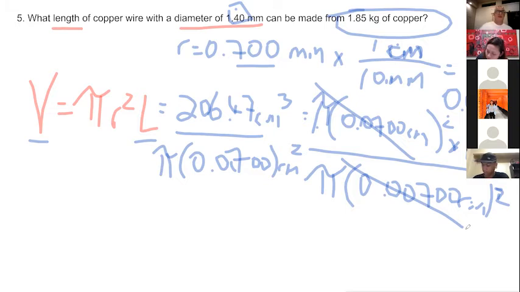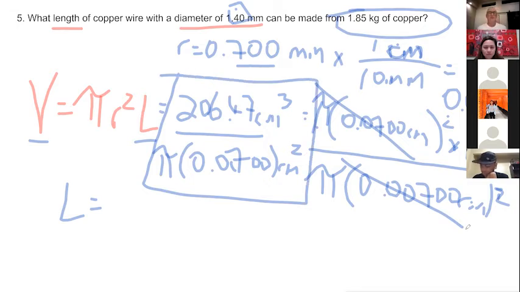Now you can see that L is equal to this. So 206.47 centimeters cubed divided by pi times 0.0700 centimeters squared. So what is that? And what's the unit?